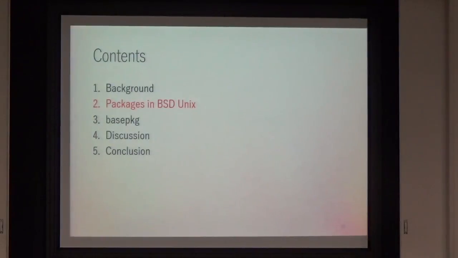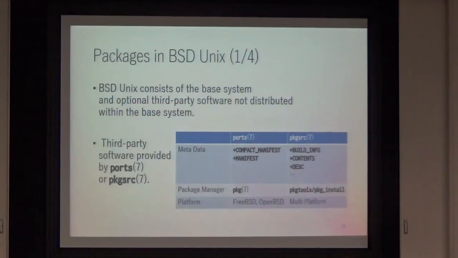Secondly, I will talk about packages in BSD Unix. As I mentioned earlier, BSD Unix consists of the base system and optional third-party software not distributed within the base system.